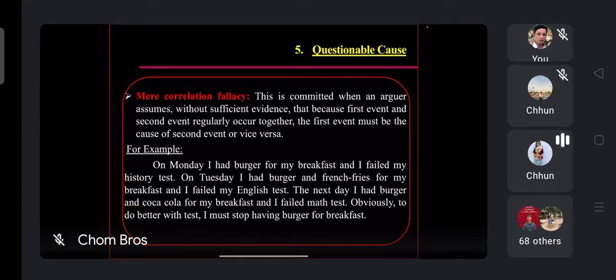Obviously, to do better on the test, I must stop having burgers for breakfast. For this example, the arguer has mistakenly assumed that because two events are regularly correlated, there must be a cause and effect relationship between them, but correlation does not imply causation.